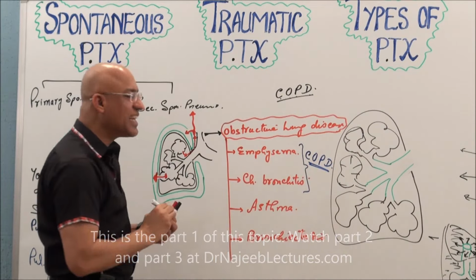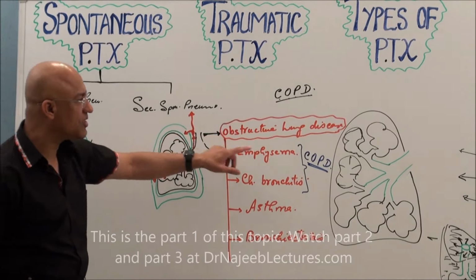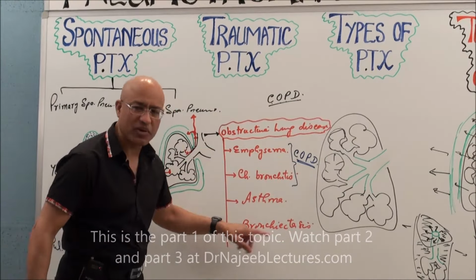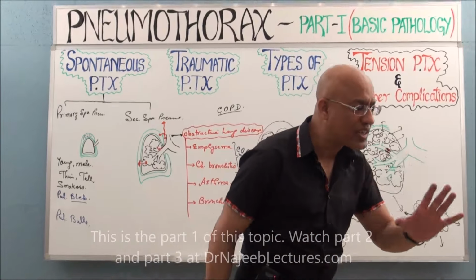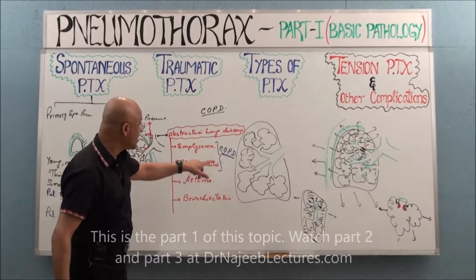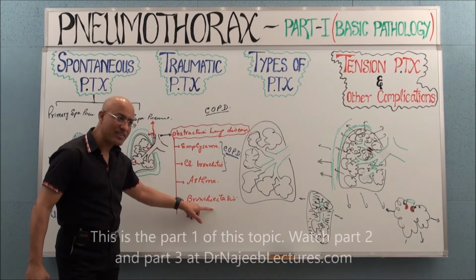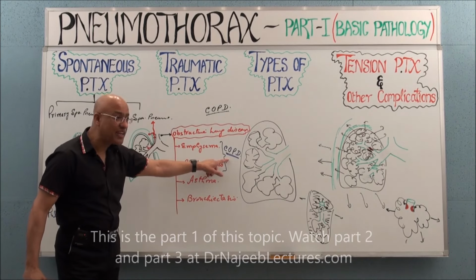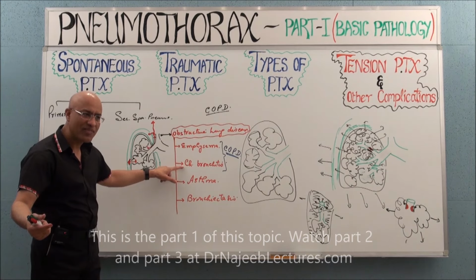So I can classify it like this also: obstructive lung diseases are COPD, asthma, and bronchiectasis, and COPD mainly includes emphysema and chronic bronchitis.